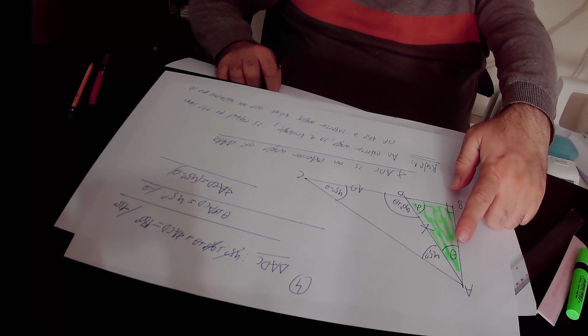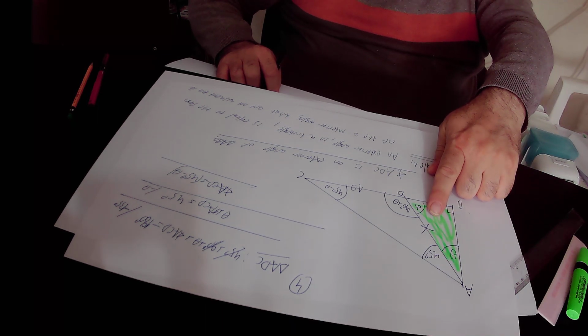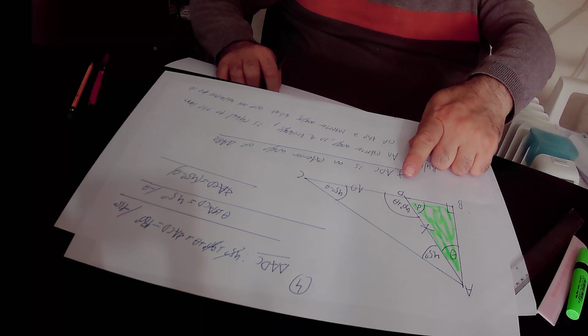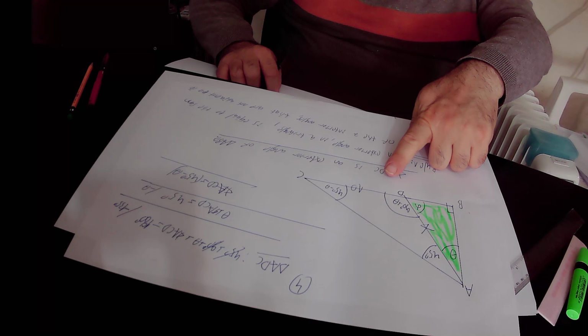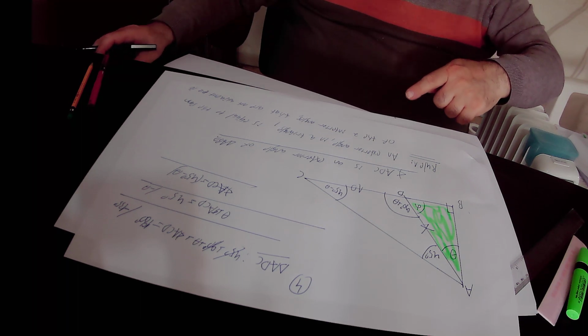So here we will get that X is the shortest side in triangle ADC. Therefore, X must be less than 10 units. Okay, X is less than 10 units.